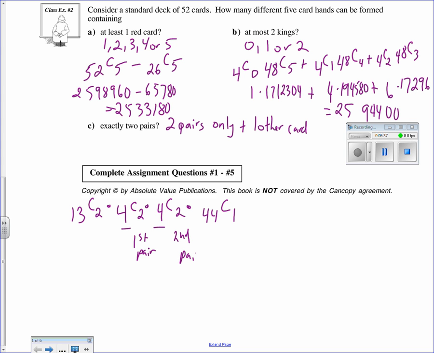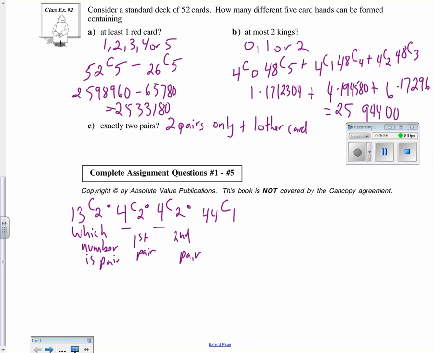But I had 13 possibilities for that. So I could have selected anywhere from ace to king, which is 13 possibilities for my pair cards. So that's why I have 13 choose two, which number did I choose for pairs, which number is paired.